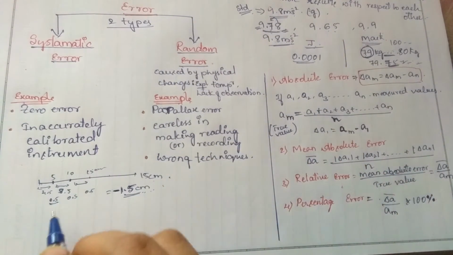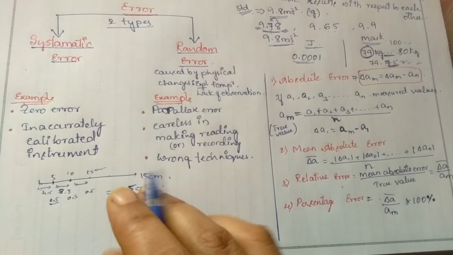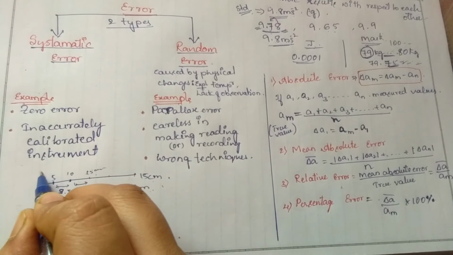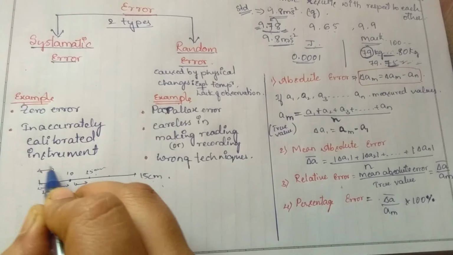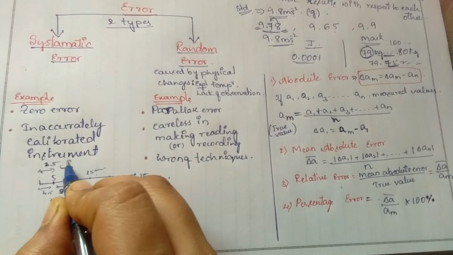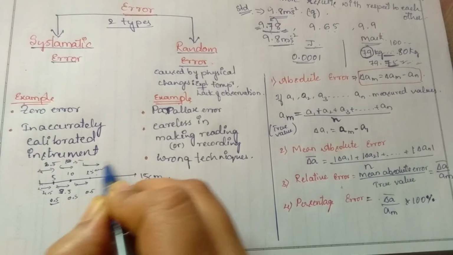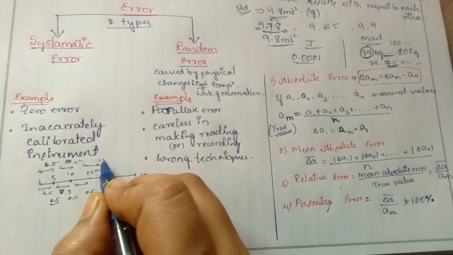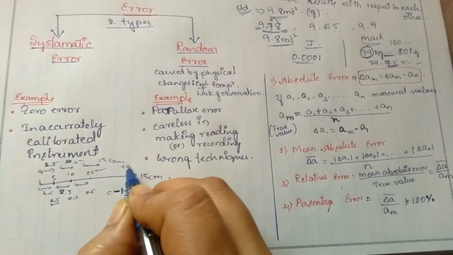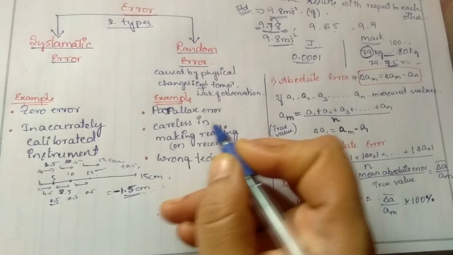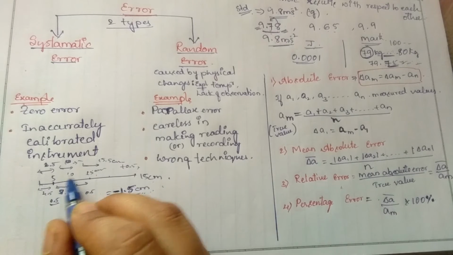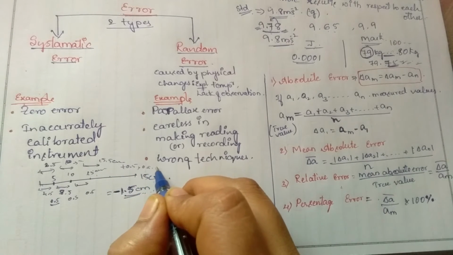And another one: if we count with the same measuring scale or different measuring scales which have 15 centimeters, but it counts more than this, meaning it counts 5.5, and this one 10.5, and next is 15.5 centimeters, meaning here there is a plus 0.5, 0.5 more for every 5 centimeters.